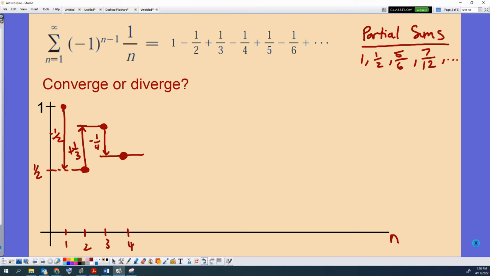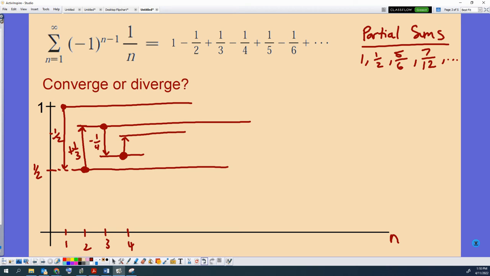In fact, if we do, you might have noticed, every time that we go to the next term, we go back in the opposite direction of where we just came from. And we always go less far than we just went. And so every time we do this, we're fine-tuning this range down, right?